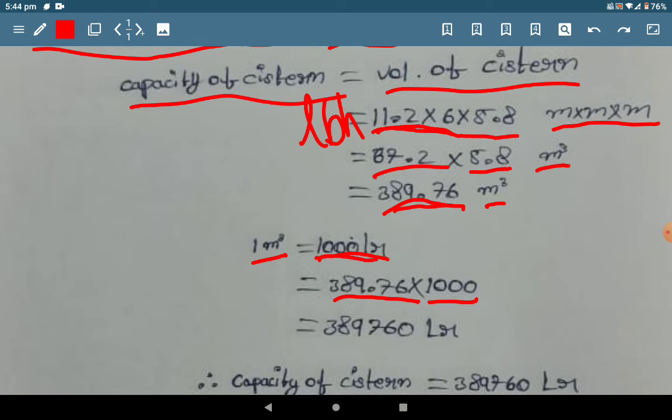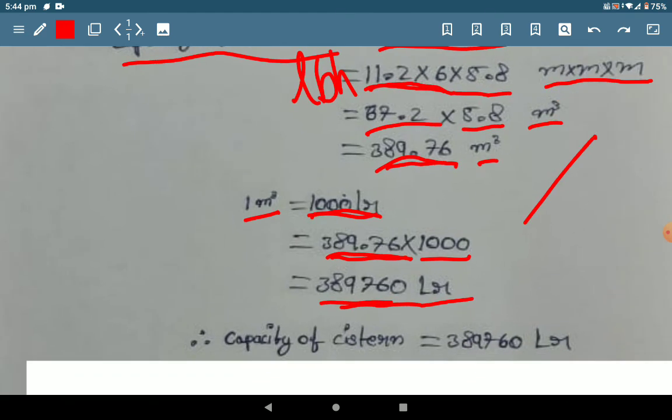So for every 389.76 meter cube we have 389.76 into 1000 liters, which is equal to 389,760 liters. So therefore the capacity of the cistern is equal to 389,760 liters.